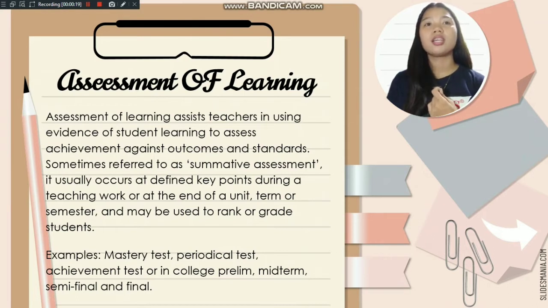Assessment of learning is done at the end of every unit or chapter to certify the students' competence. Examples of these are mastery test, periodical test, achievement test, or in college, prelim, midterm, semi-final, and final.